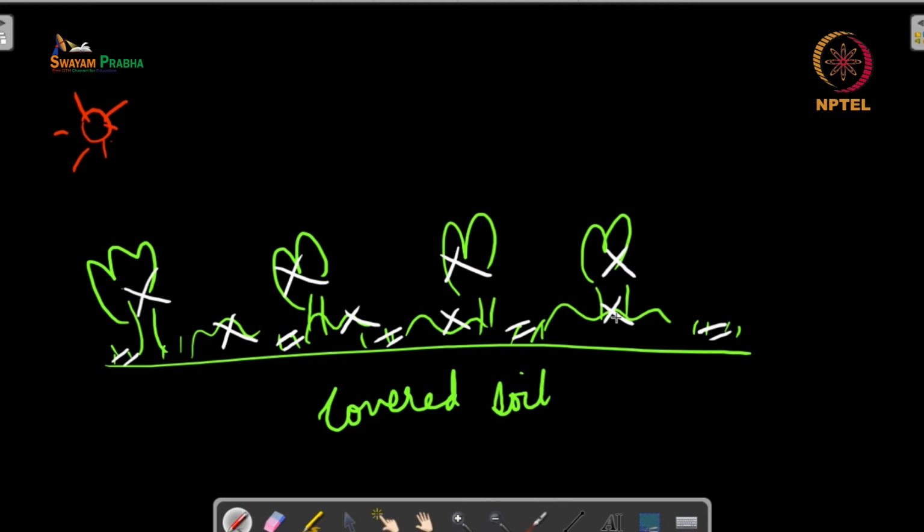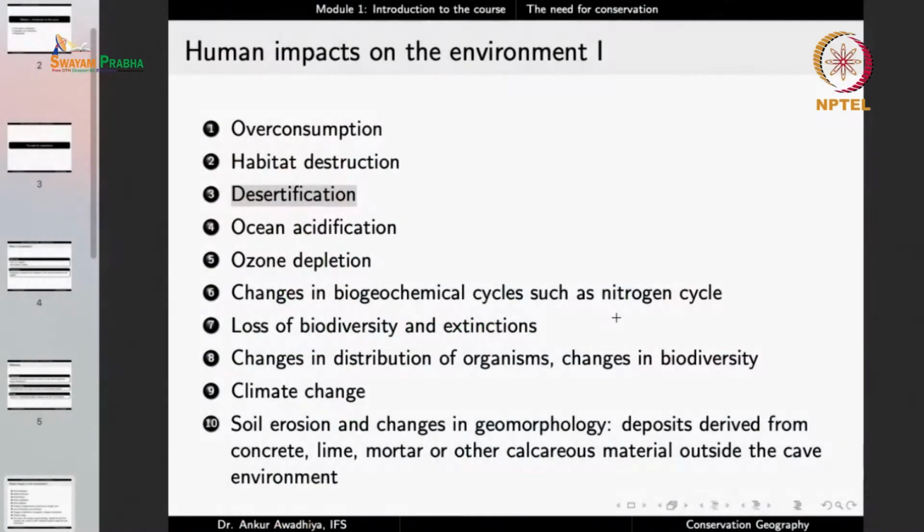Now, if you consider any agricultural field in your vicinity, you will find that agriculture moves in seasons. There will be certain seasons where the ground will be covered with plants, and in other seasons, once the crop has been harvested, the ground will be left bare. Now, when this ground is left bare, the rays of the sun are able to desiccate the soil.